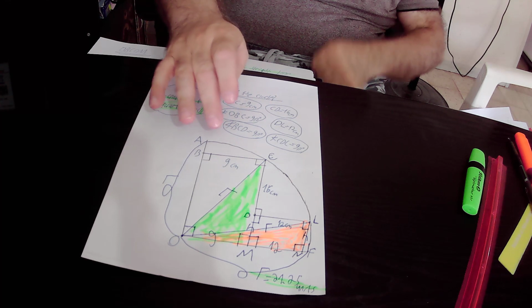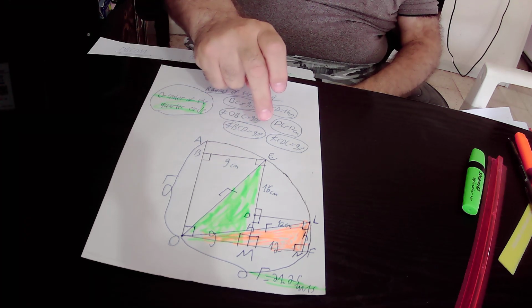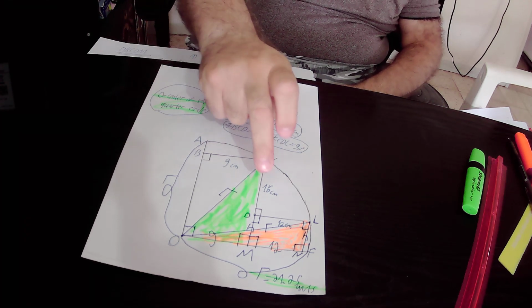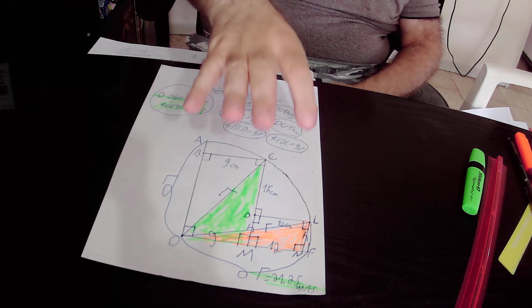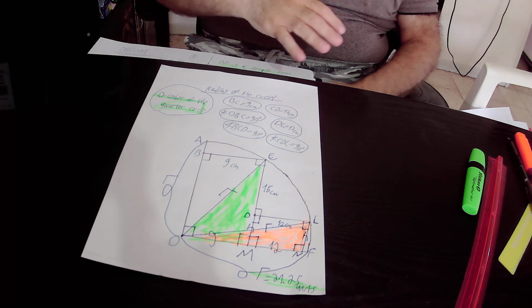Segment BC equals 9 units, segment CD equals 16 units, segment DL equals 12 units, and our mission is to find the radius of this quarter circle.